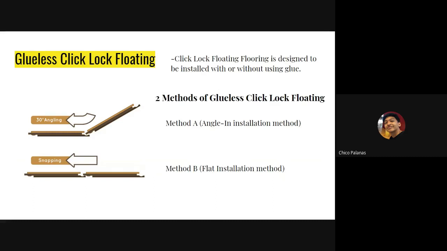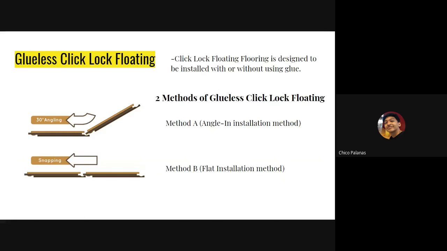Method B is a flat installation method. The panels can also be tapped into each other without lifting. Unlike method A, where you lift, in method B there is no need to lift the planks to click, bond together, or merge.